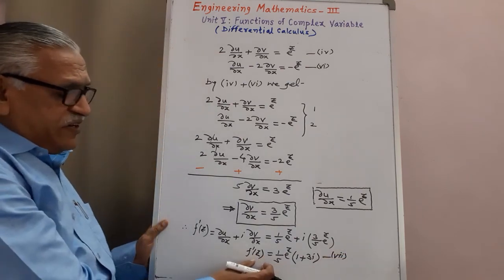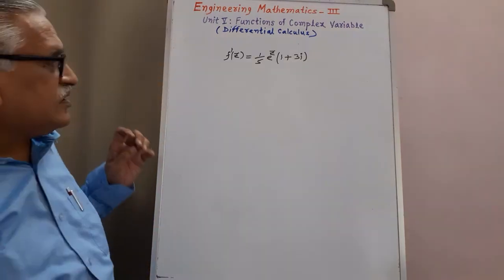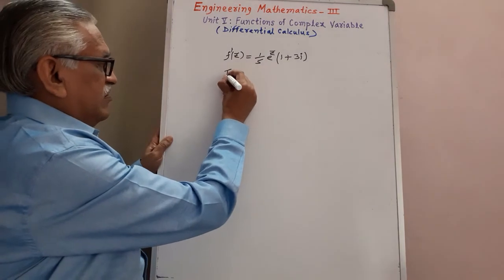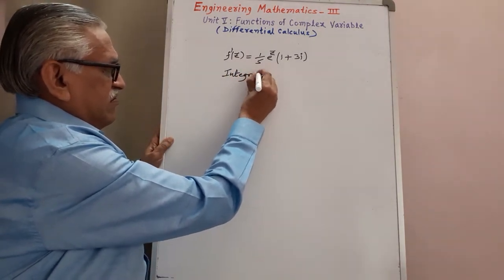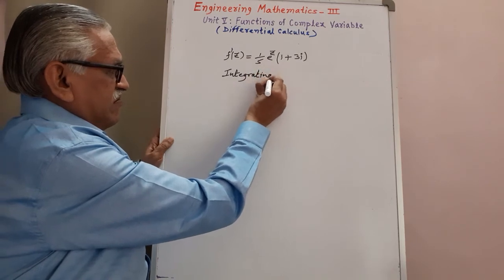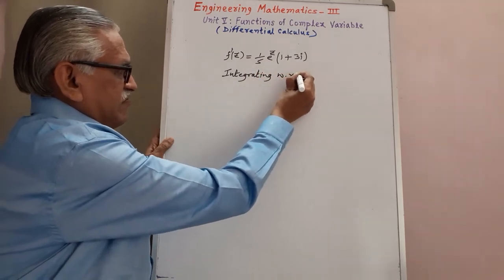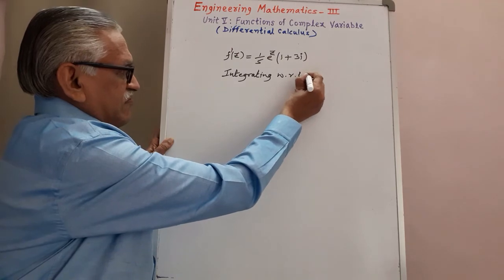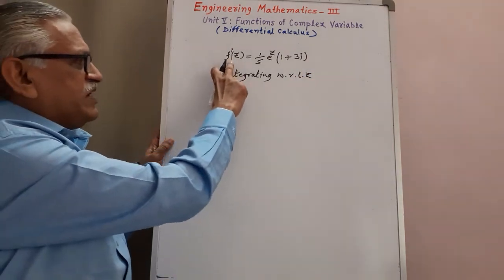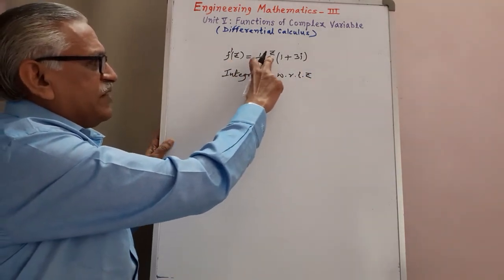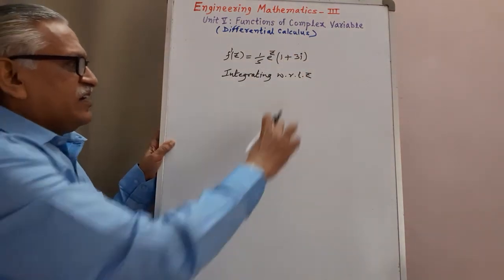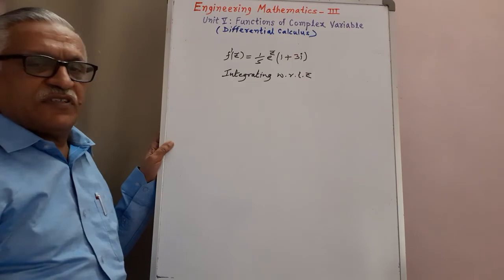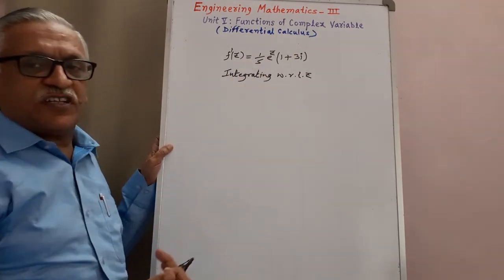And then we have to integrate this with respect to z. We have f'(z) is equal to 1/5 times e^z in bracket 1 plus 3i. Here 1 plus 3i is a constant term, and 1/5 is also a constant term.